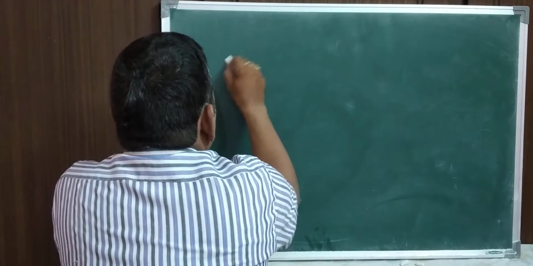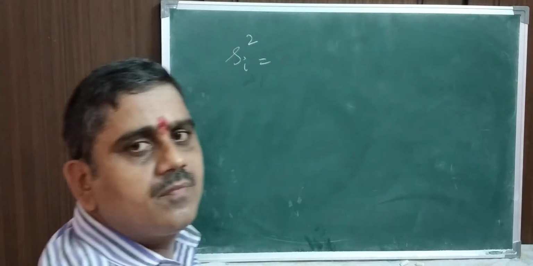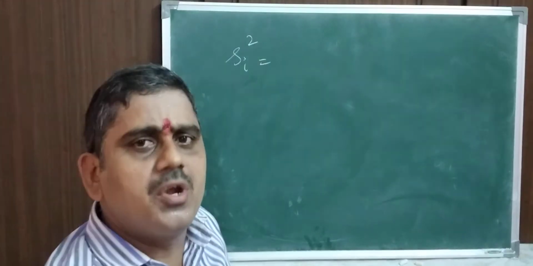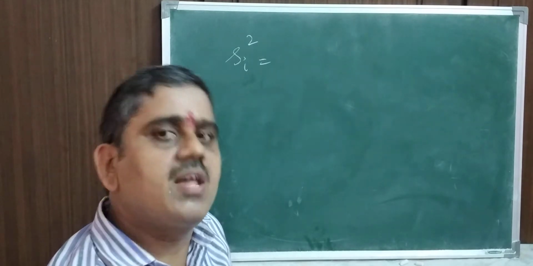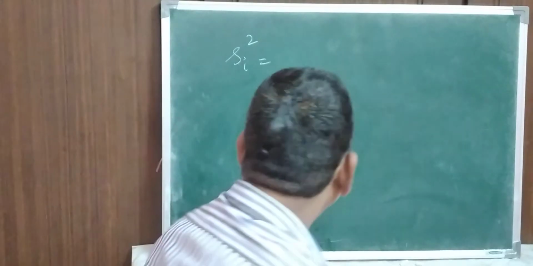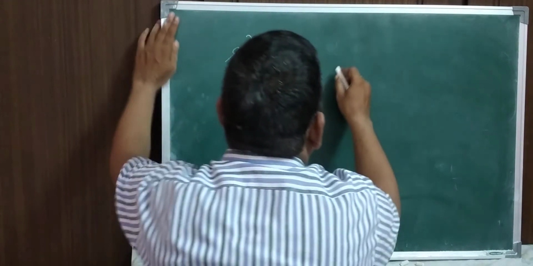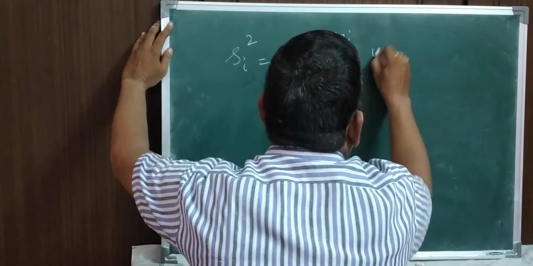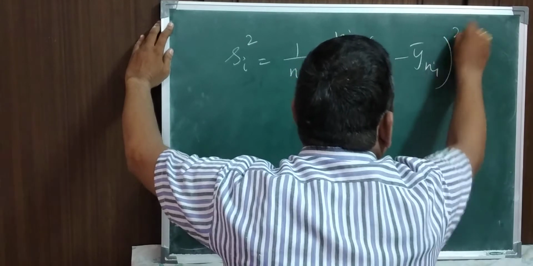Small si square is the sample mean square of the selected sample units drawn from the ith stratum, for which si square is 1 by ni minus 1 summation j is equal to 1 to ni, yij minus y bar ni, the whole square.